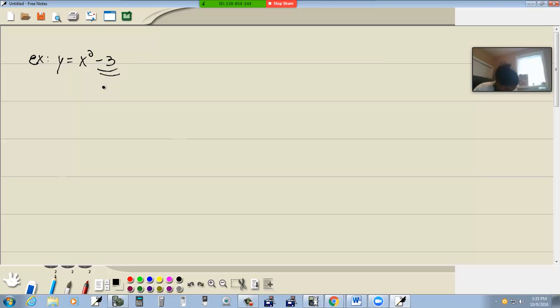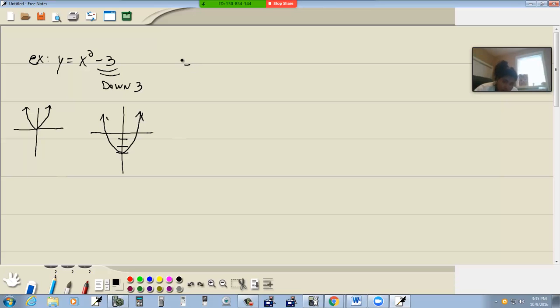Since this is a minus 3, this is going to be down 3. Now what that means, graph-wise, is if I have x squared like this, my parabola, it'll still look like that, just the entire graph is shifted down 3 units. So it hasn't changed anything of how it looks, just shifted it down 3.